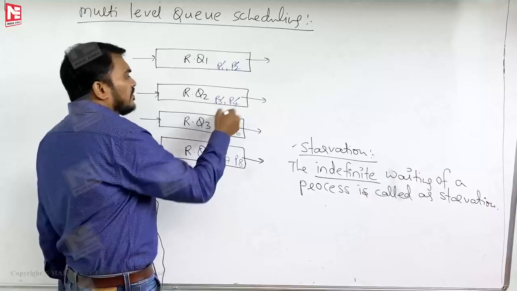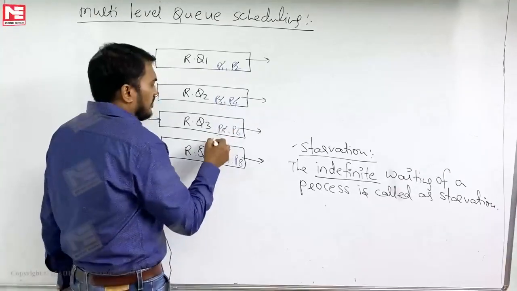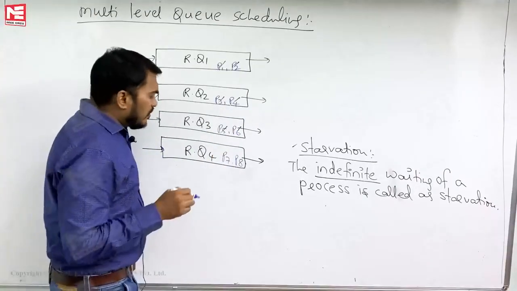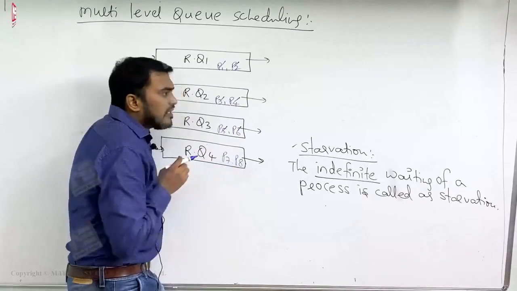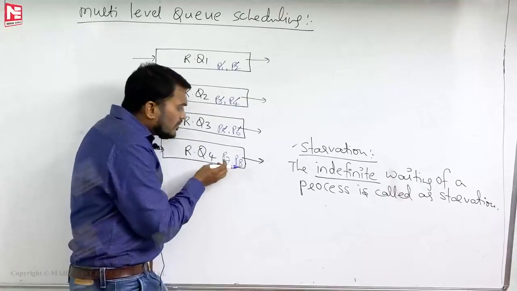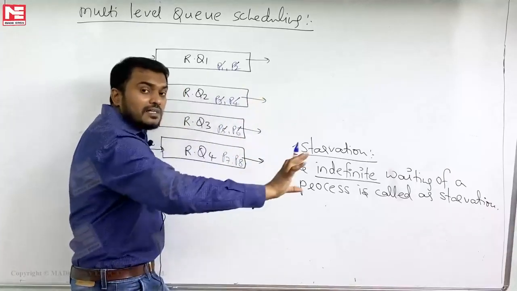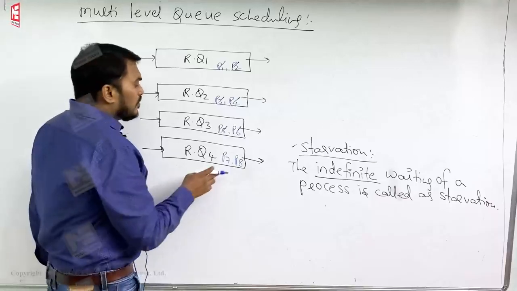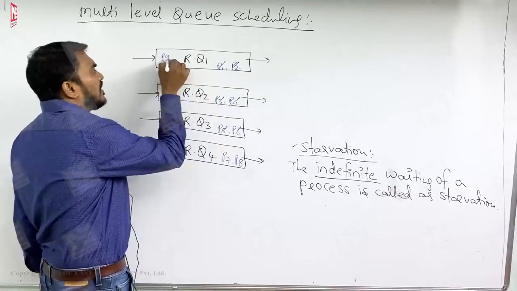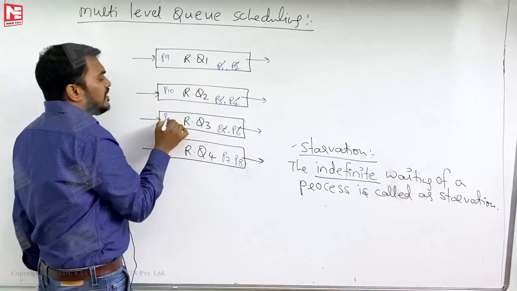Next P3, P4 are completed, and next P5, P6 are completed. Now you are about to schedule P7 and P8, and suddenly new processes come into the top level ready queue, for example P9, P10, P11.